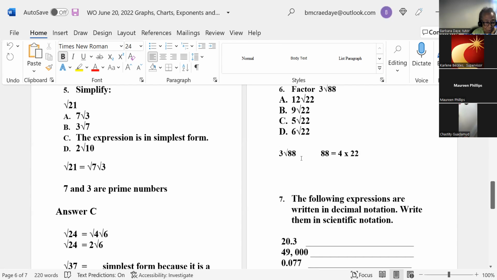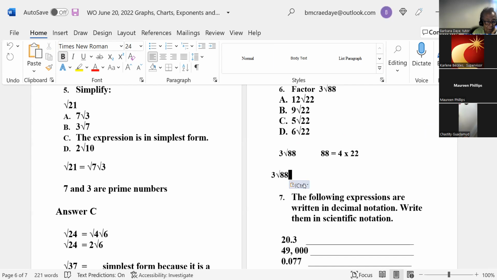Yeah. So let's just take the 3 times the square root of 88. So that's 3, and this will be times the square root of 4, times the square root of 22.